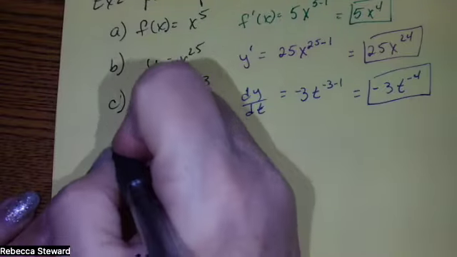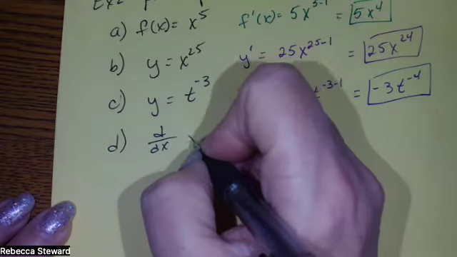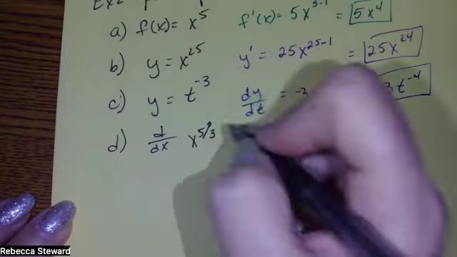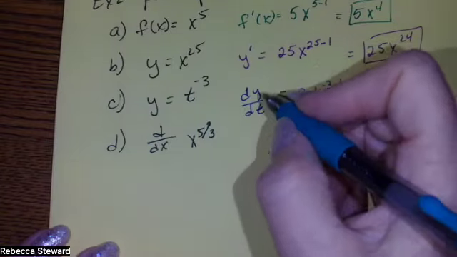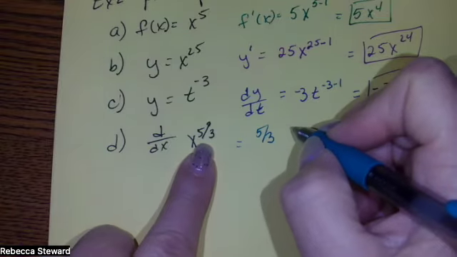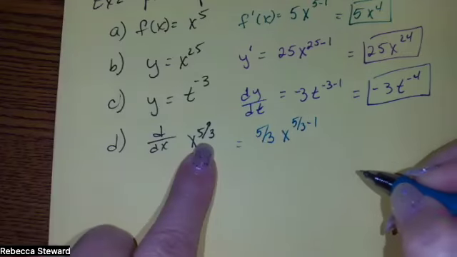All right, and then D, we have d dx of x to the 5 thirds. Almost didn't get my fraction right there. That will get us our power of 5 thirds, x to the 5 thirds minus 1.